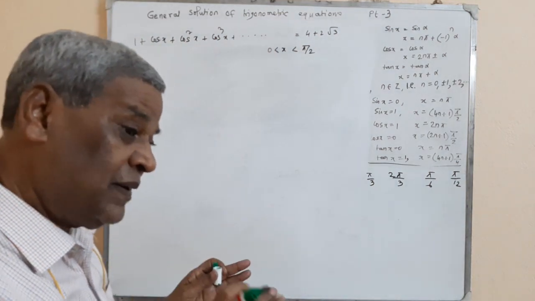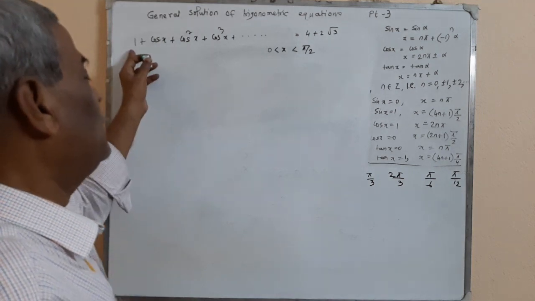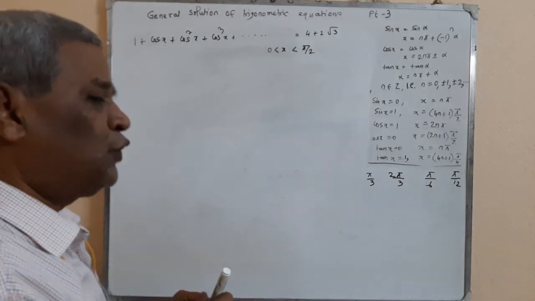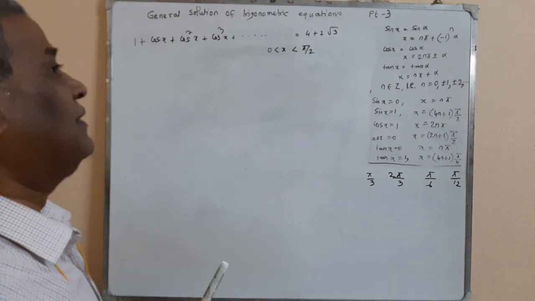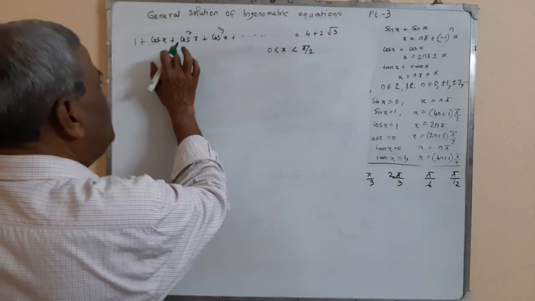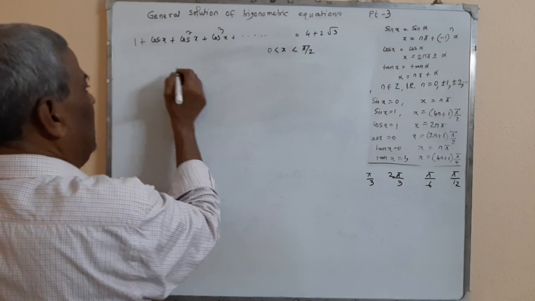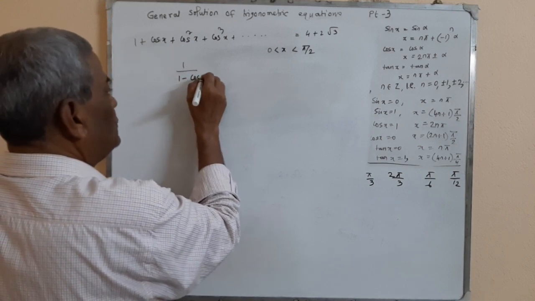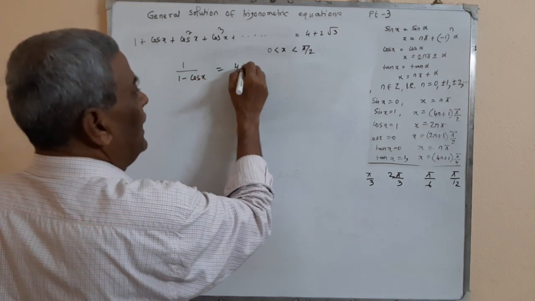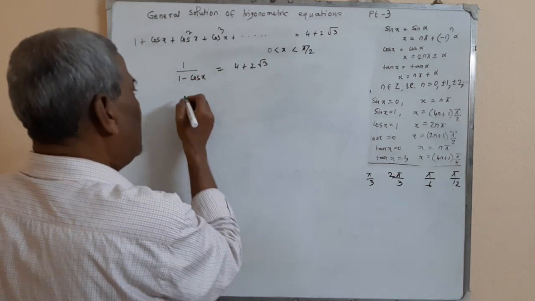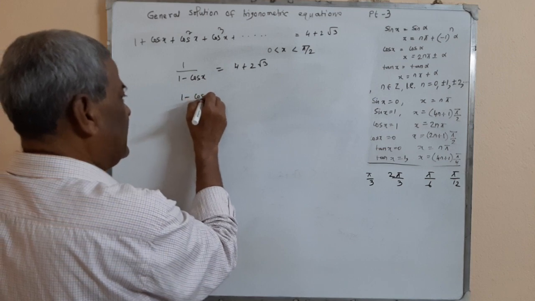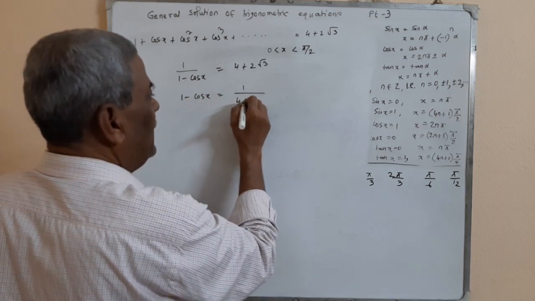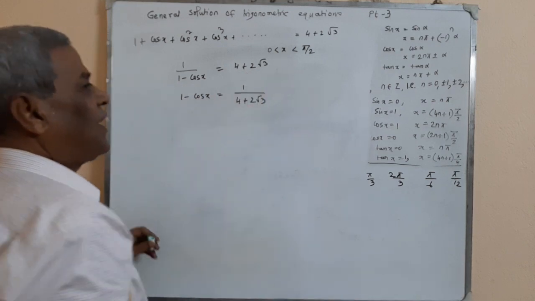So this is an infinite GP series with common ratio cos x less than 1. Therefore its sum is 1 by 1 minus r, that is 1 by 1 minus cos x, is equal to 4 plus 2 root 3. That is 1 minus cos x is equal to 1 by 4 plus 2 root 3.